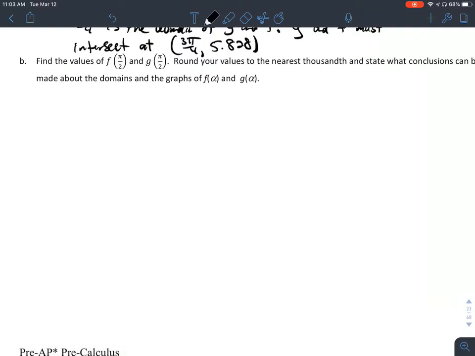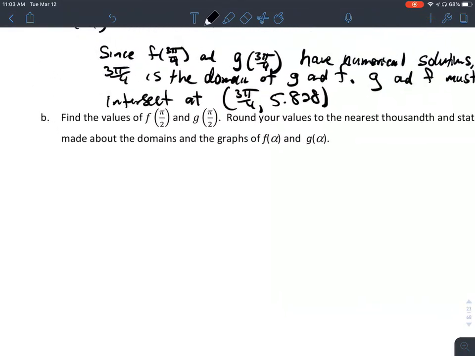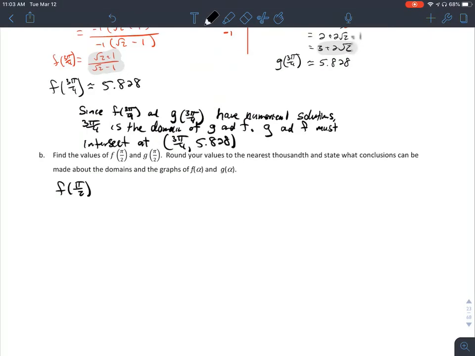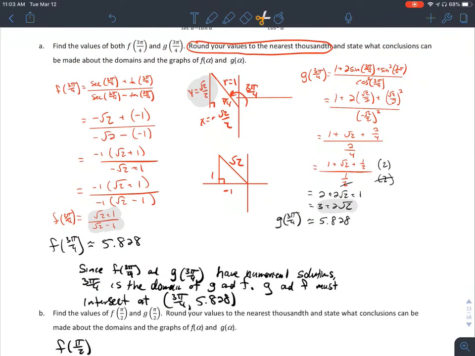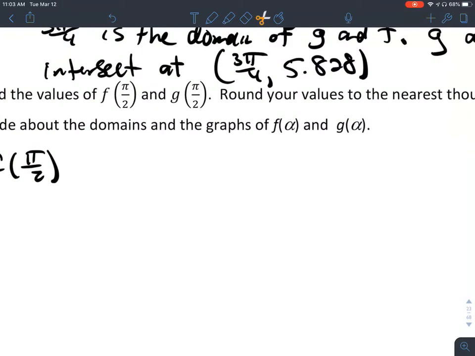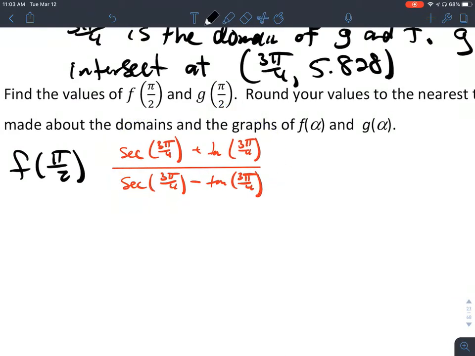B, find the values of these, round your values to the nearest thousandth, and state what conclusions can be made about the domains. So let's do that. So f of pi over 2, I'm just going to copy this function down and replace these with pi over 2.